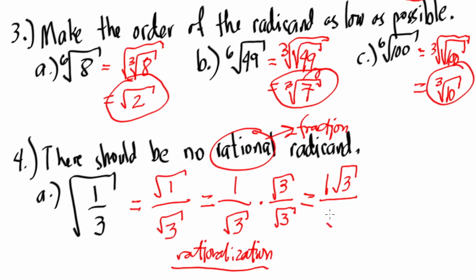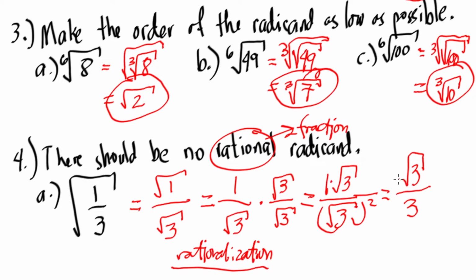So square root of 3 times square root of 3 is like saying square root of 3 squared. By one law of the radicals, square root of 3 squared is going to leave us with 3. But in the numerator, what we have is the square root of 3 since we multiplied that by 1.